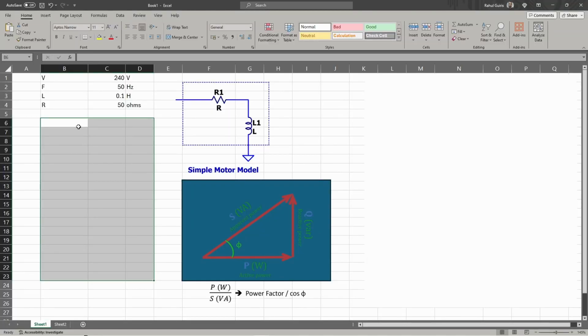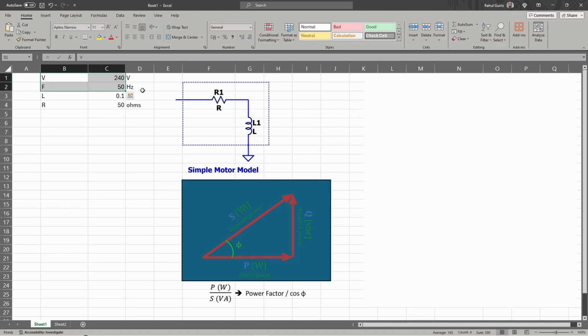Let's start off by defining our input voltage. So I'm going to set the input voltage as 240 volts with a frequency of 50 Hertz. And I'm going to set the size of the inductor to be 100 millihenries or 0.1 henries, and the size of the resistor as 50 ohms. These are just values I've picked randomly.